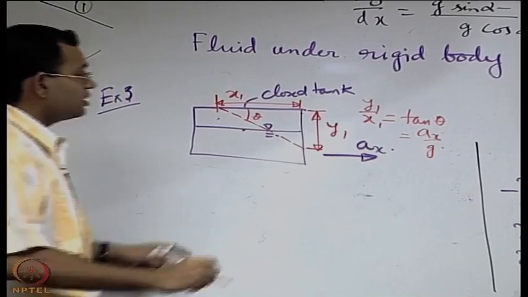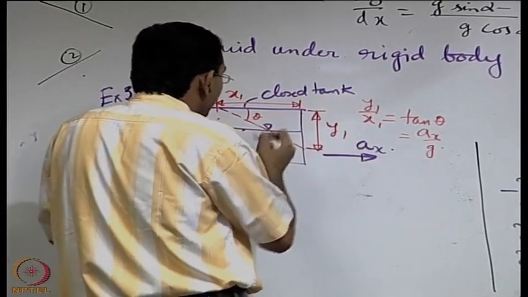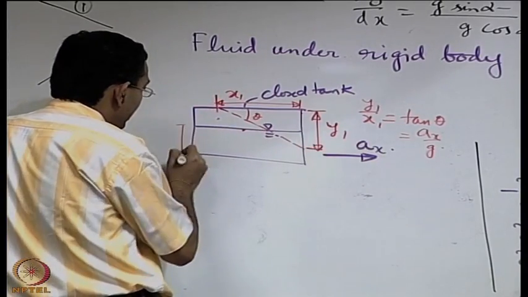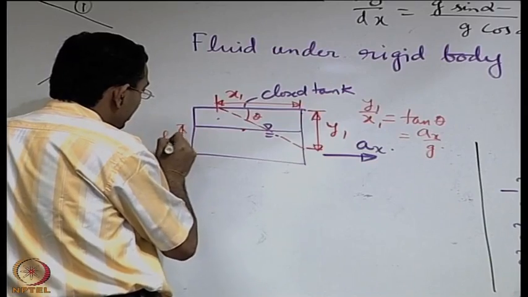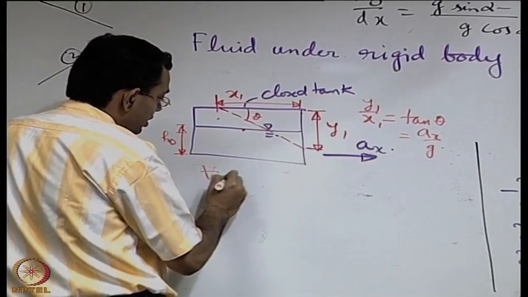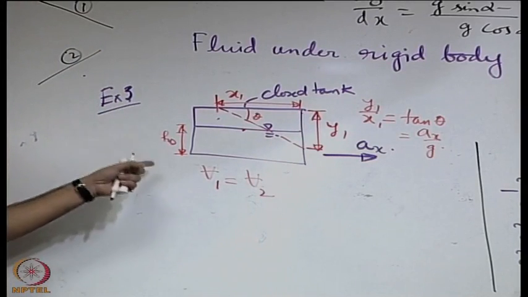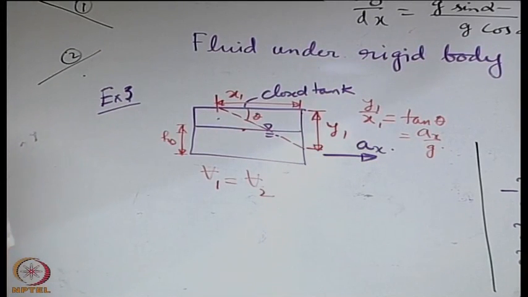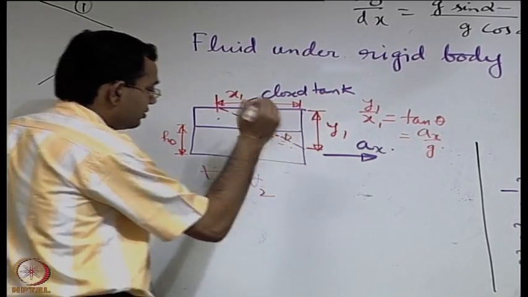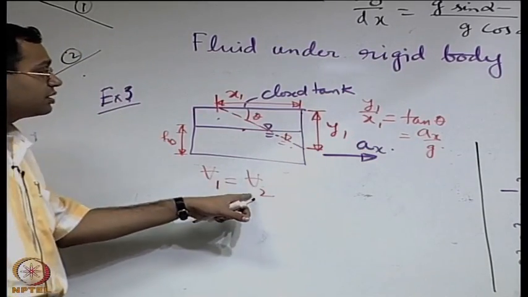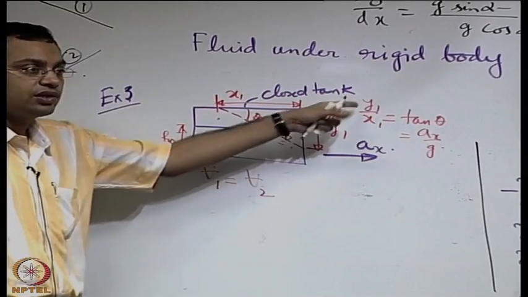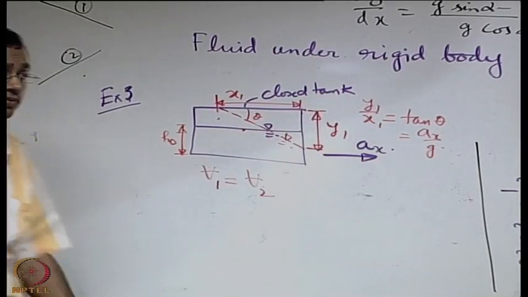You can calculate y1 and x1 by considering that the volume which was there originally is the same as the volume of water after this tilting of the interface. So this is the new interface. This will give you another relationship involving x1 and y1, and you can solve for x1 and y1.